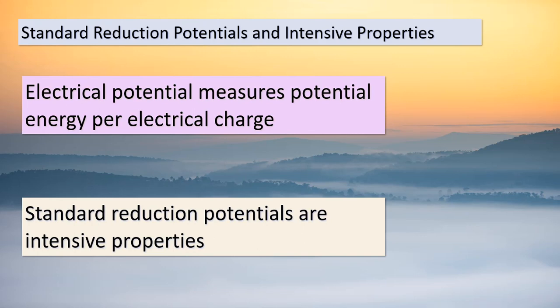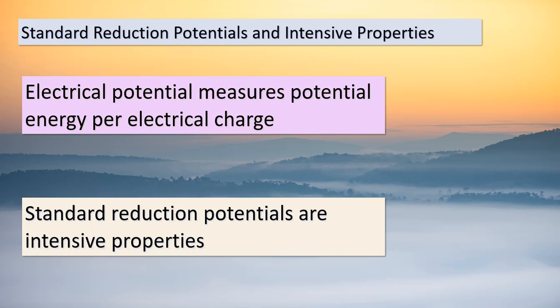As we know, electrical potential measures potential energy per electrical charge. So, when we increase the substances involved in a redox reaction, we're simultaneously increasing the energy and charges, but the ratio of energy to electrical charge remains steady. This relationship is encapsulated by the equation 1 V equals 1 J/C, joules per coulomb.